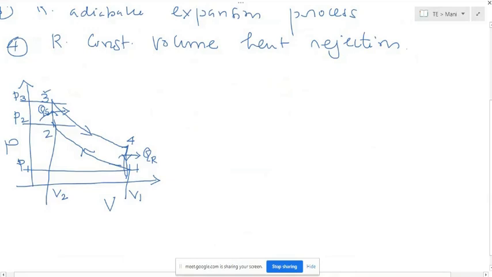The processes 1 to 2 and 3 to 4 are adiabatic processes. Already we know that the adiabatic process equation is PV to the power gamma equals C. We already studied this in the previous semester in thermodynamics itself, right?